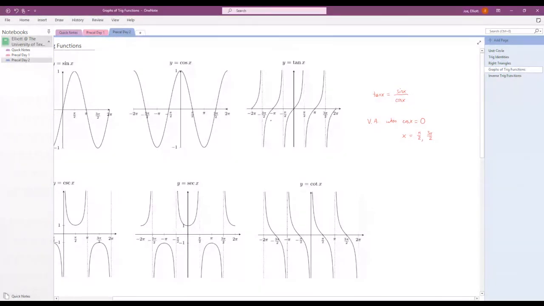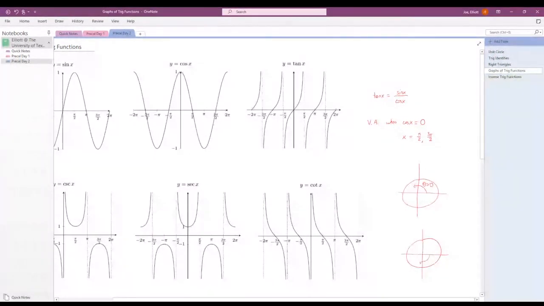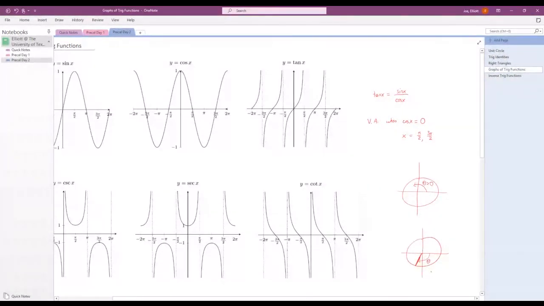Yeah, so when we were looking at the unit circle earlier, we were always measuring the angle counterclockwise from the positive x-axis, but if you measure an angle clockwise instead, angles that are measured clockwise like this are considered negative.